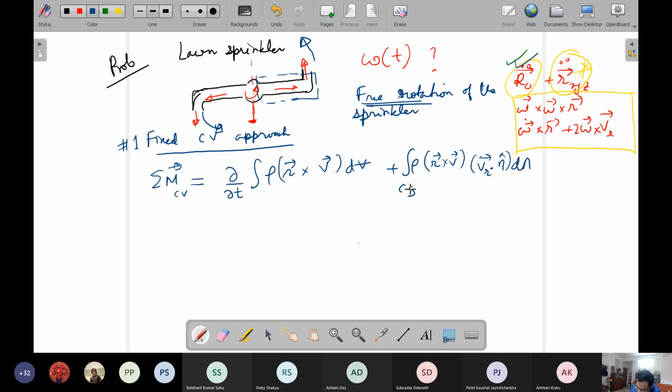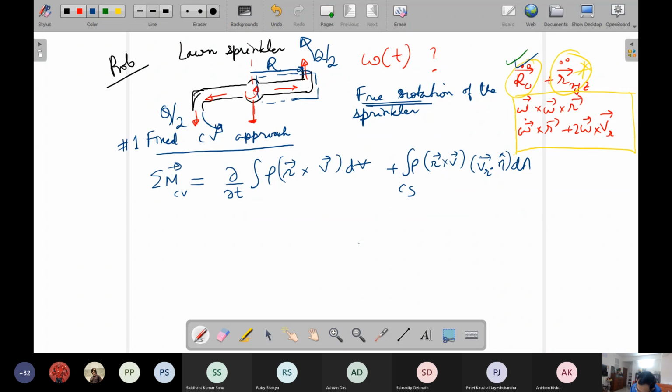Just to go ahead with the problem, we'll assume that there is symmetric volume flow rate. So this is Q by 2, and this is Q by 2. Total volume flow rate Q, in meter cube per second, is distributed half on one side of the arm and half on the other side. Also, let us assume that the radius of the arm is capital R. Density is rho, and what else will we require?